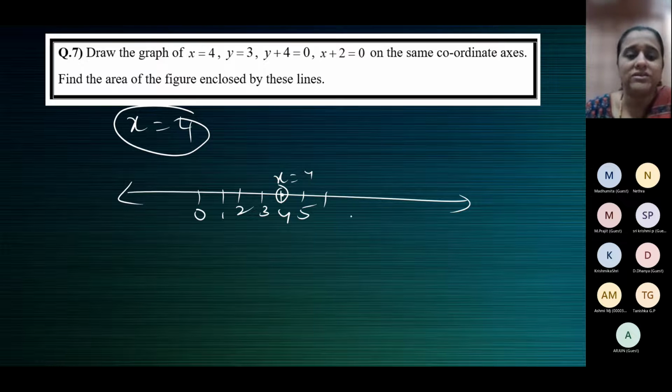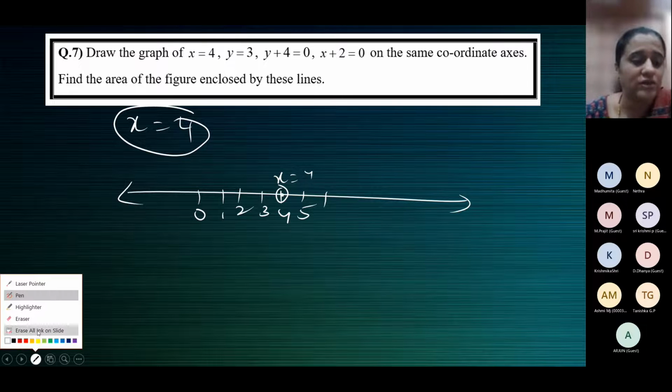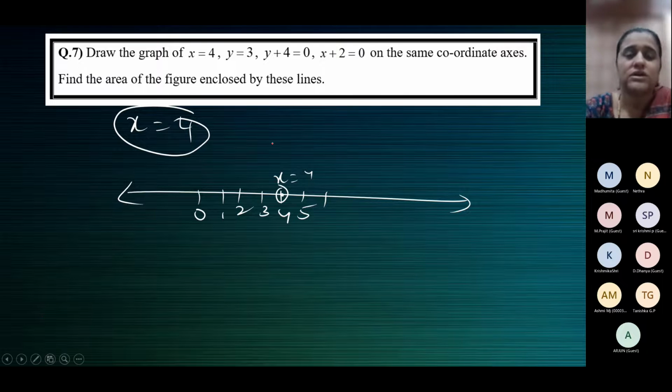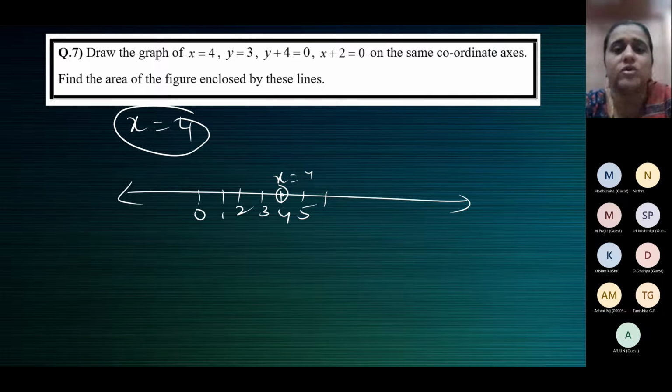So one variable means it's a point on the number line. The geometric representation is a point on the number line. So why shouldn't we do this? We should not treat x is equal to 4 as a linear equation in one variable. In fact, all the 4 equations are equations in one variable.